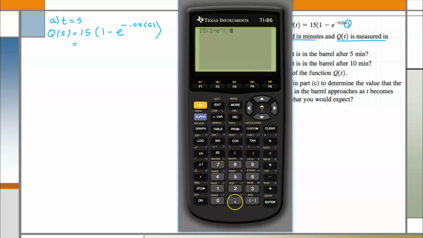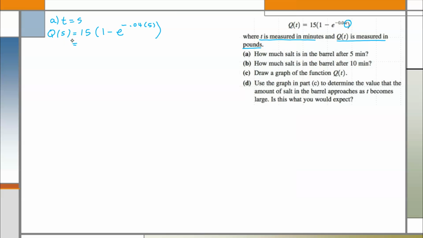This one's an older model, but all I have available at the moment. We'll plug in our equation, hit enter, and we see a 2.719 solution. So how much salt is in the barrel after 5 minutes? After 5 minutes, we have approximately 2.719 pounds of salt.